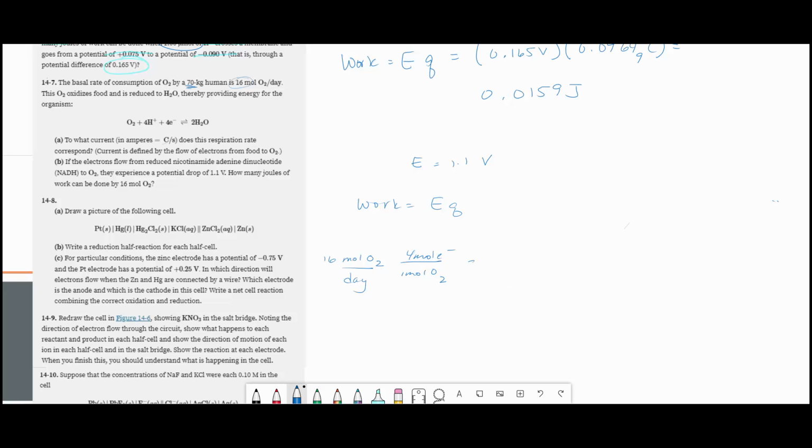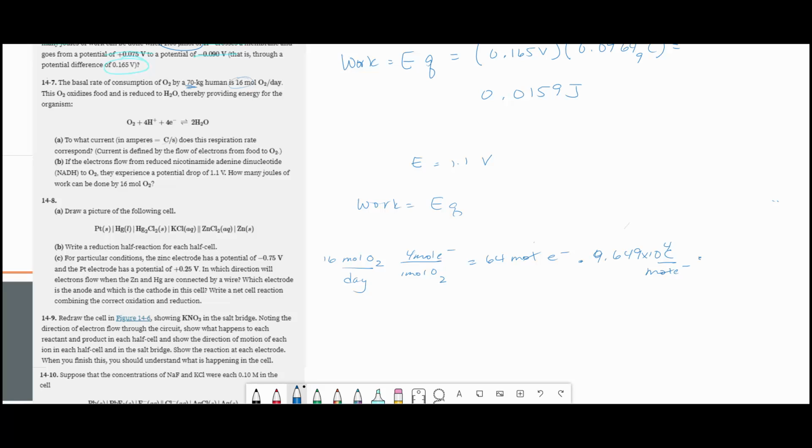I went too far. So 64 moles of electrons, and that comes into here, moles of electrons. Now I'm going to multiply it by my Faraday, 9.649 times 10 to the fourth, and that's coulombs per mole of electrons.